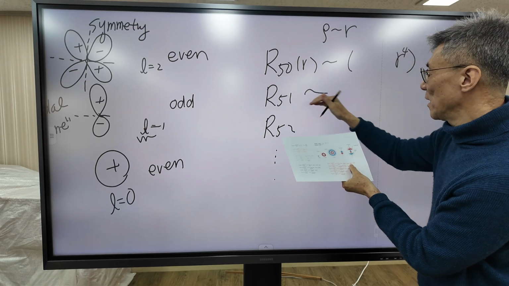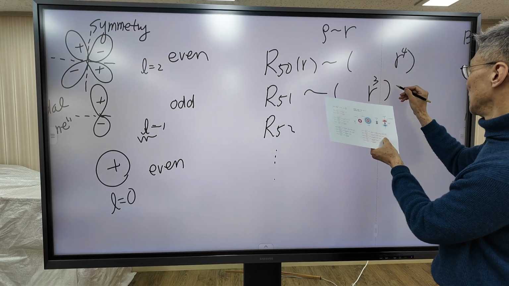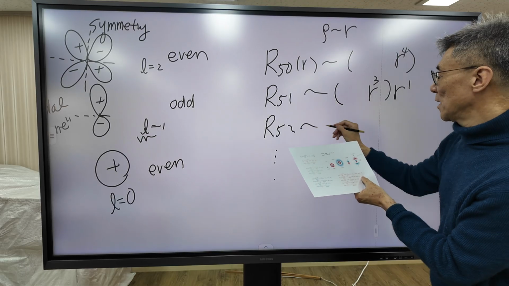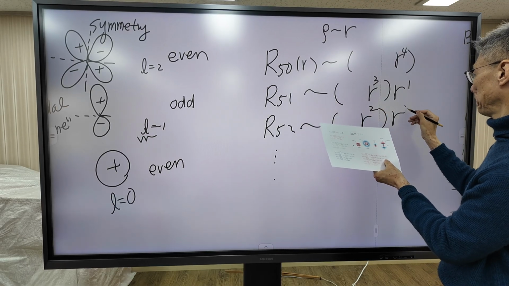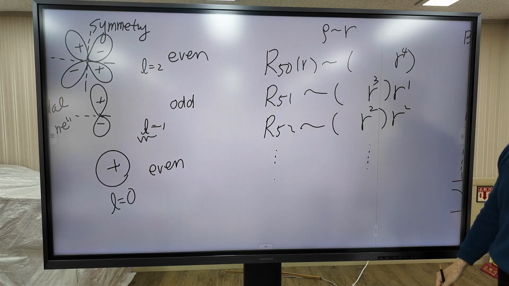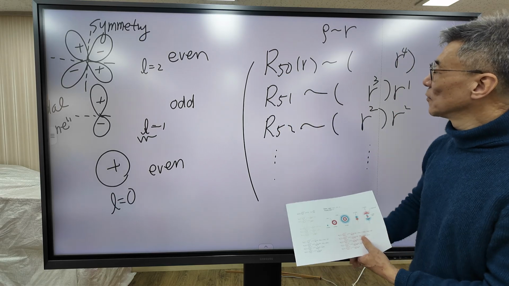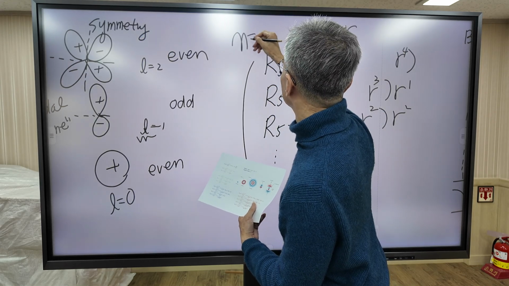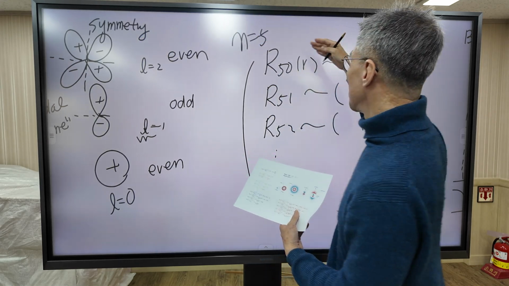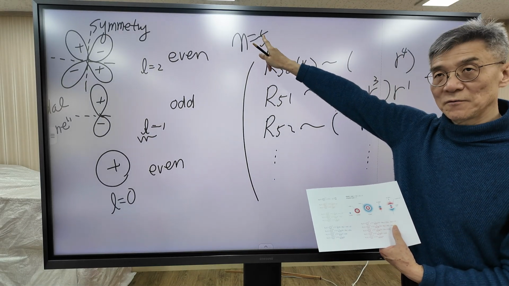So R41 is R squared times R1. For R2, this function is listed for principal quantum number n equal 5. All the functions listed here have principal quantum number equal 5.